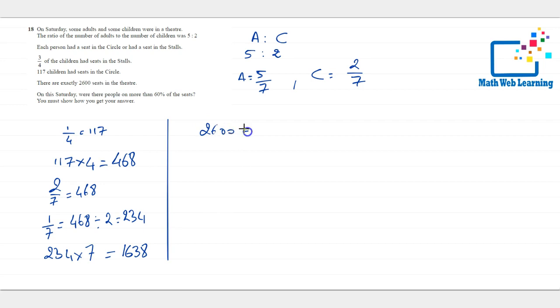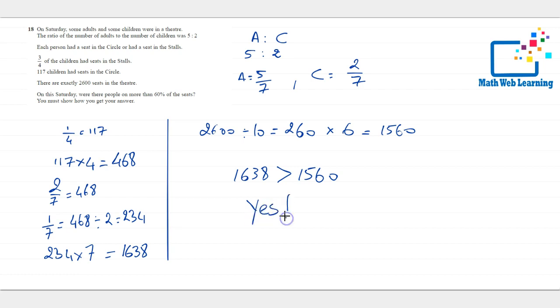So I divide it by 10 first, and then times it by 6, and that will give me 1,560. Now you can see the total number of children and adults is greater than this number. 1,638 is greater than 1,560. So the answer is yes. And we're showing the working out.